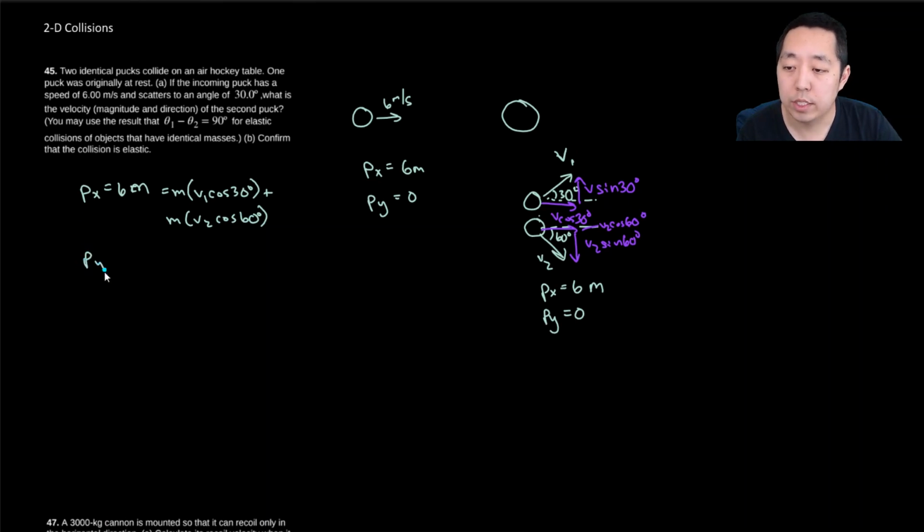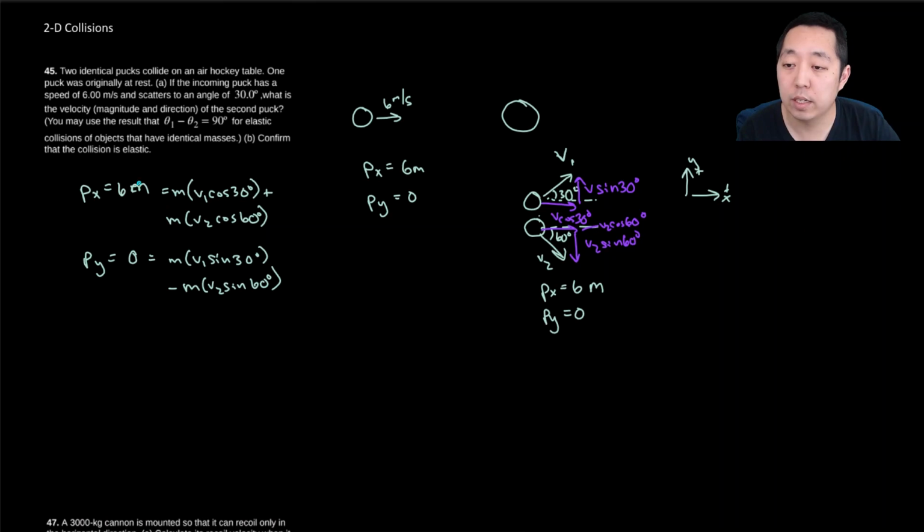And then in the y direction, we need 0 equal to m times V1 sine 30 degrees. And this one is in the negative direction, if I say up is positive and right is positive. So minus m V2 sine 60 degrees.